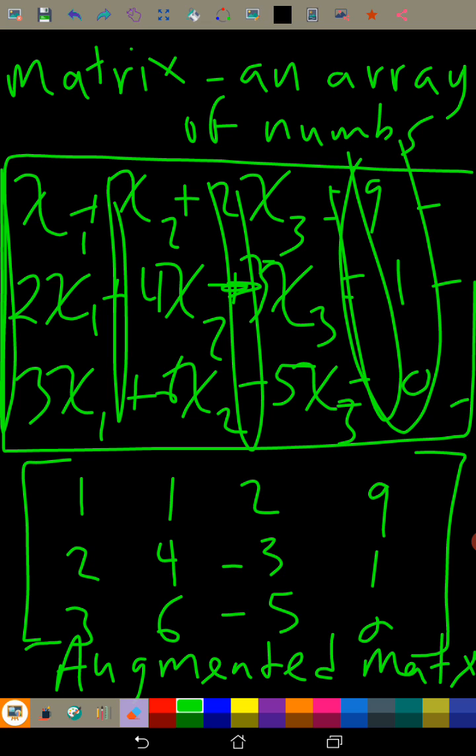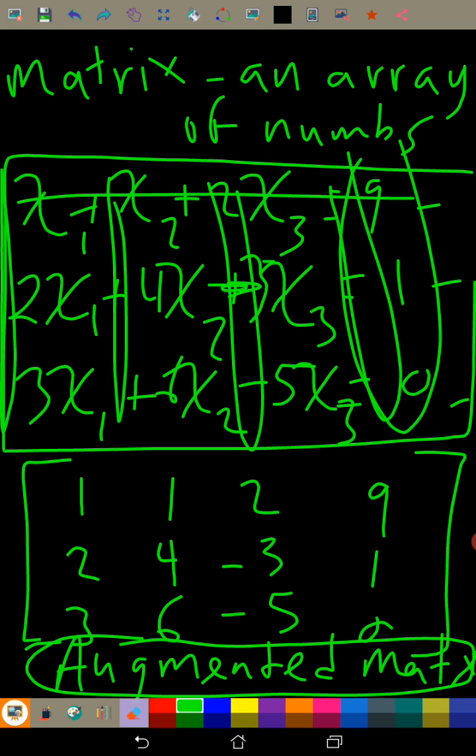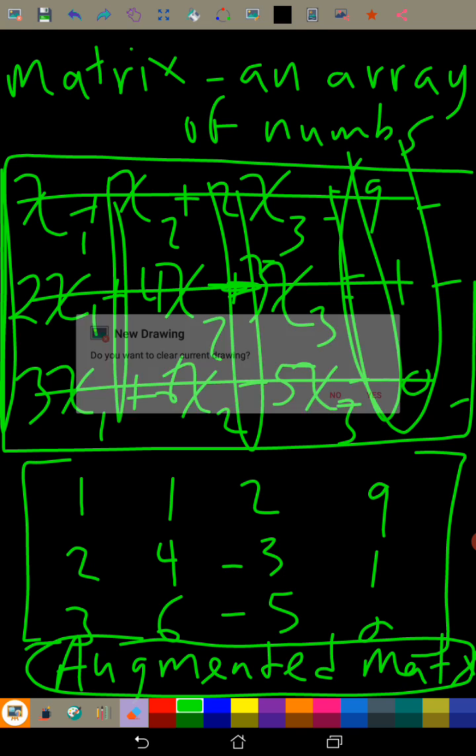So here is the augmented matrix. You just take the numbers from these equations, arrange them in an orderly way, and put them in a matrix. This is called the augmented matrix. That's very important.